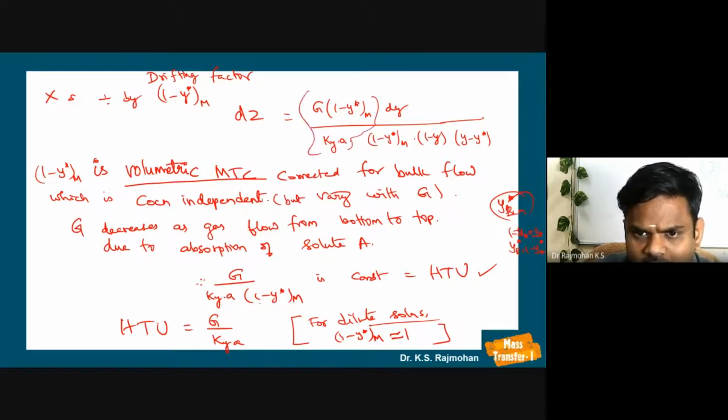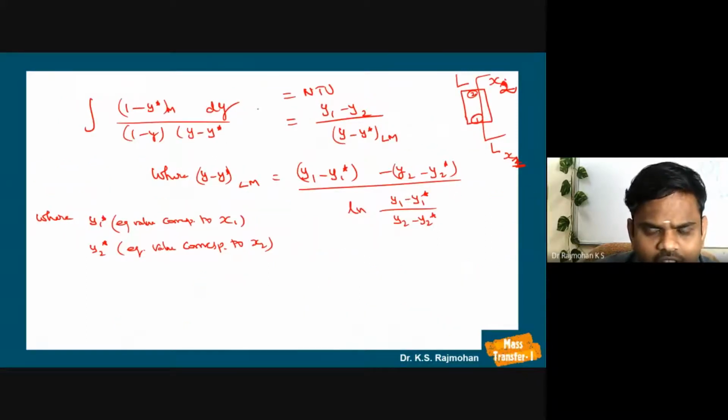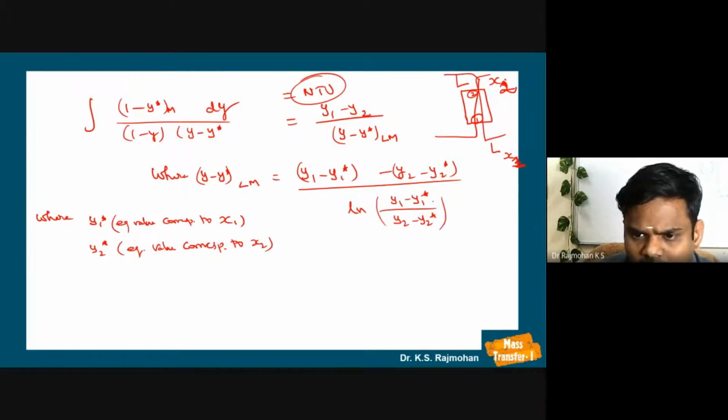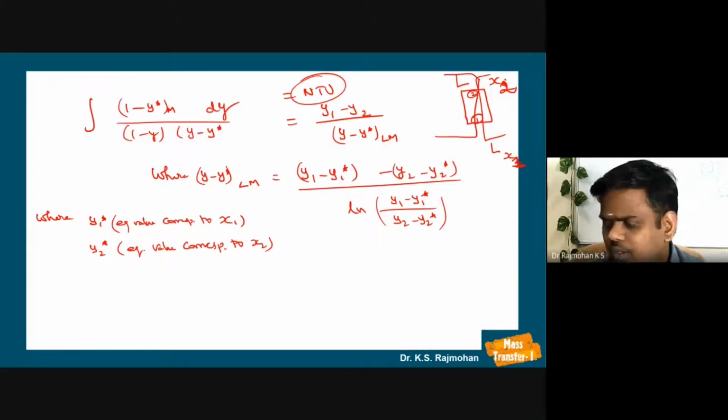And the remaining terms are rearranged to write NTU, which can be shown to be equal to the net change in concentration, that is the inlet and outlet concentration, y1 minus y2 by (y minus y star) logarithmic mean, where (y minus y star) logarithmic mean is (y1 minus y1 star) minus (y2 minus y2 star) by ln of (y1 minus y1 star) by (y2 minus y2 star).